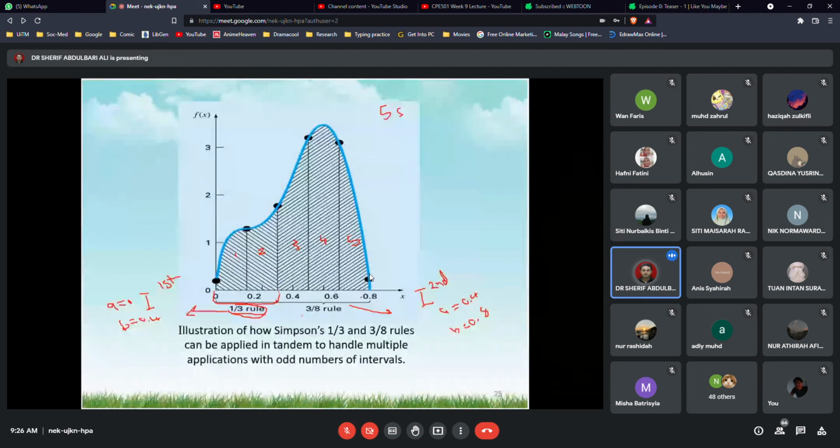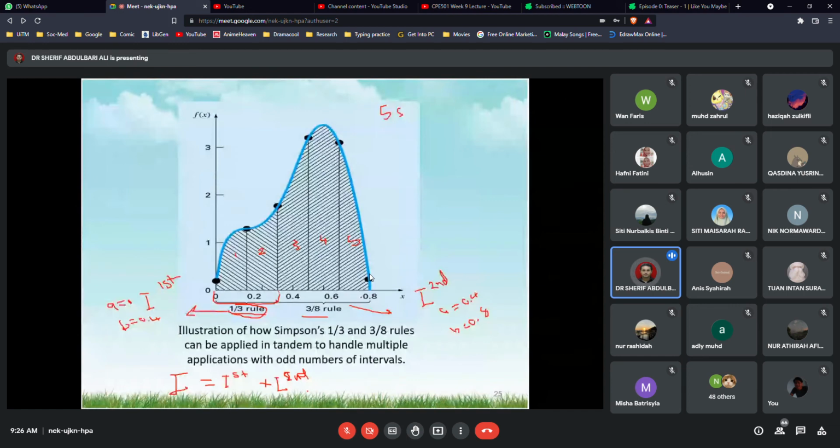So we need to have two integrals, then we combine them together. At the end, the total integral will be equal to the first integral plus the second integral. Okay, so this is the idea of how we are going to do it.